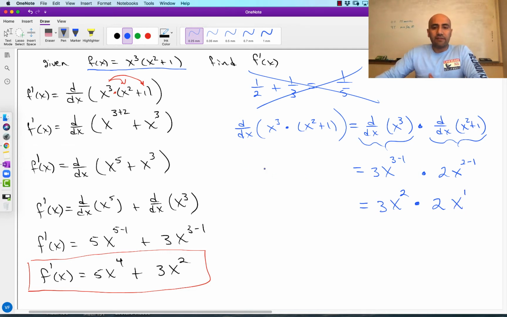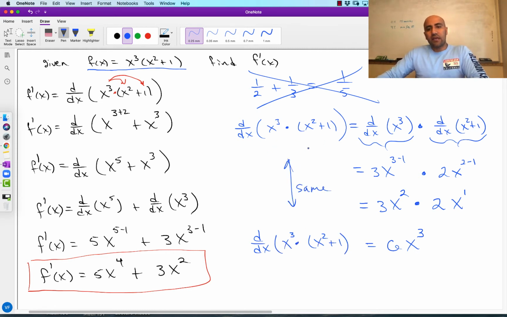On the left-hand side, everything stays the same. And then, well, this is a multiplication, so we can multiply these and end up with 6x to the power of 3. Okay, so if we followed this rule, which we just kind of instinctively assumed would be correct, because in other areas of math, this kind of thinking works. Just being lazy here, but on the left-hand side, this is the same. Coming down on the right-hand side, we're saying equals this.